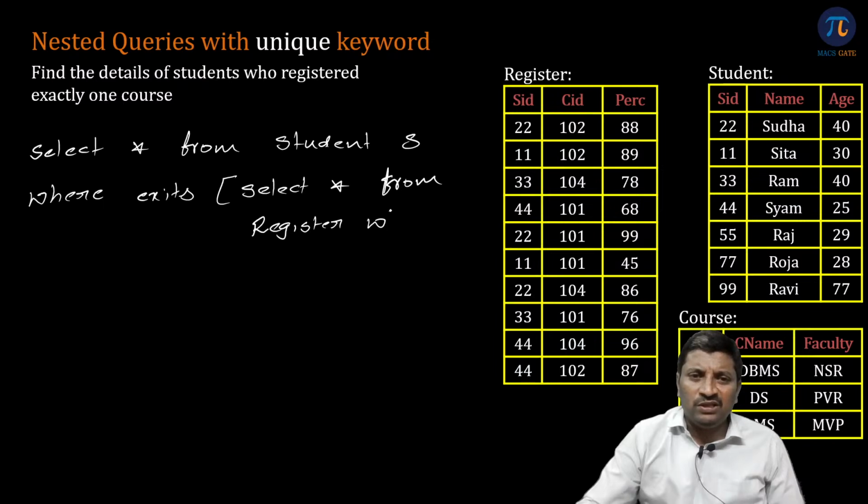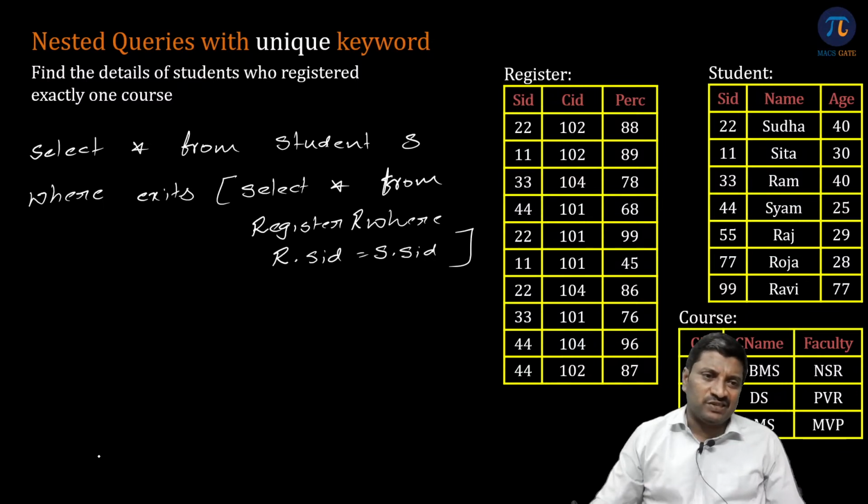But I need only the registered courses by this fellow SID. So where, let me write register r.sid equal to s.sid. Sir, suppose if this is my answer, what will happen, sir? You take one roll number 22 and you go and list out all the courses registered by 22.